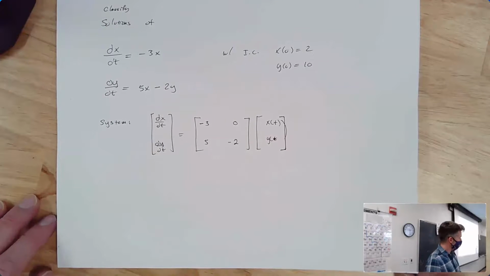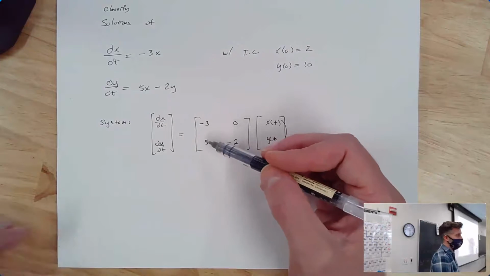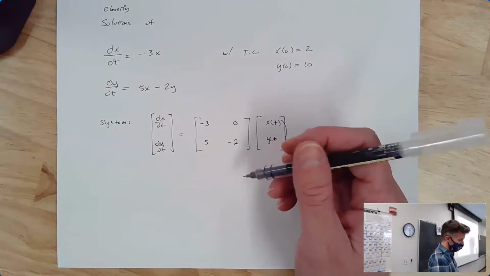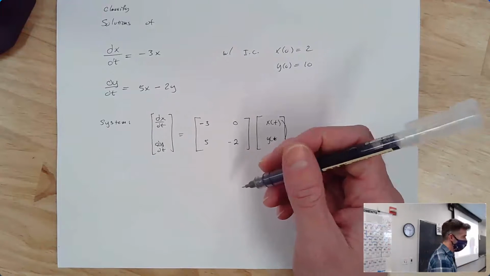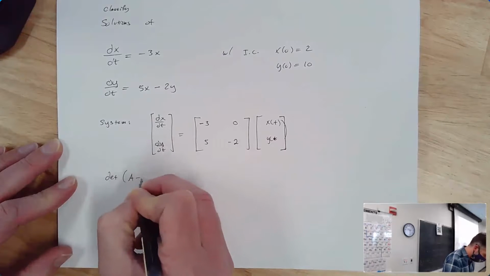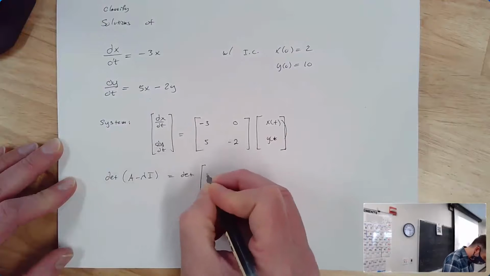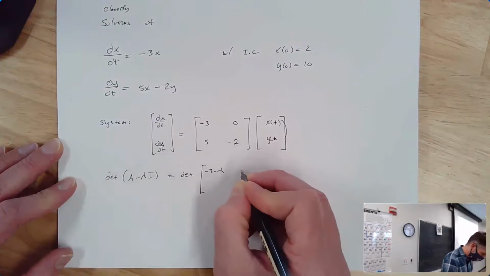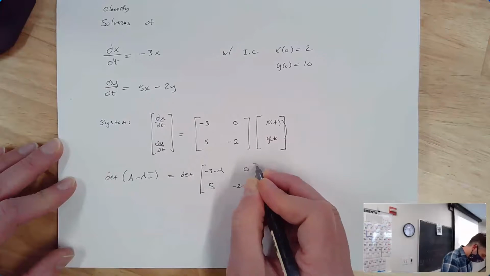If you have a matrix where the upper right corner or the lower left corner, or both, are 0, the eigenvalues are automatically the diagonal elements. I can still do the work, right? The determinant of A minus lambda I is the determinant of negative 3 minus lambda, 0, 5, negative 2 minus lambda.